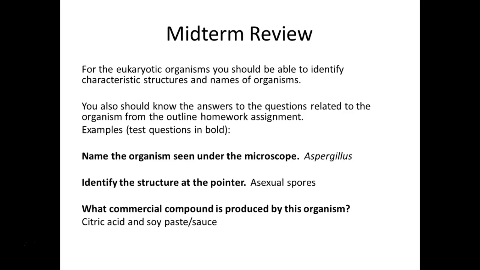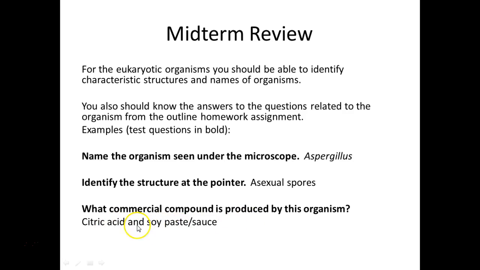And all the questions you've answered in your homeworks, right? So we kind of did a little practice quiz in class, too, with the microscopes, where it was pointing to the fungus Aspergillus, and you needed to be able to name it. You need to know that specifically it was pointing to the asexual spores. And then one of the questions we asked about Aspergillus was what commercial compound is produced by this organism.